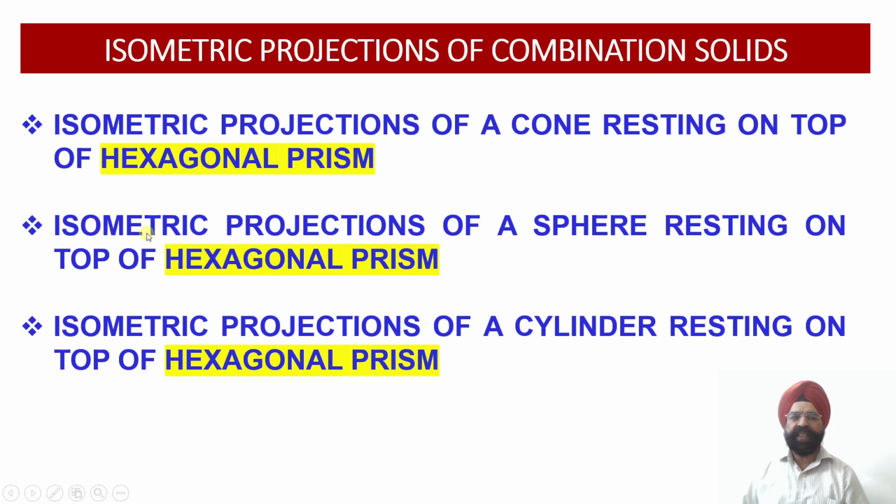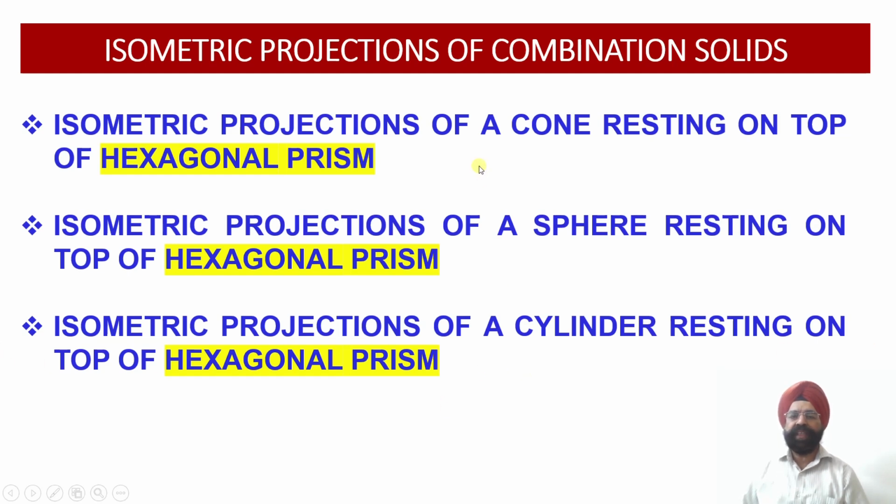Whereas in the second case, the isometric projections of a sphere resting on top of a hexagonal prism will be discussed. And in case 3, we are going to take up the isometric projections of a cylinder which is resting in the upright position with its axis perpendicular to the horizontal plane, and this cylinder will be resting centrally once again on top of the hexagonal prism.